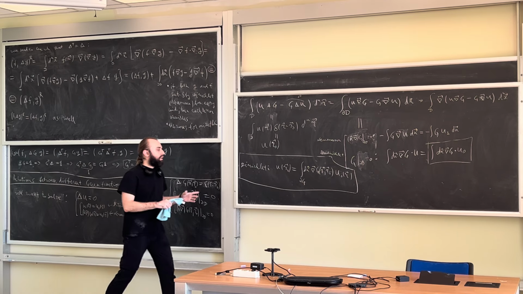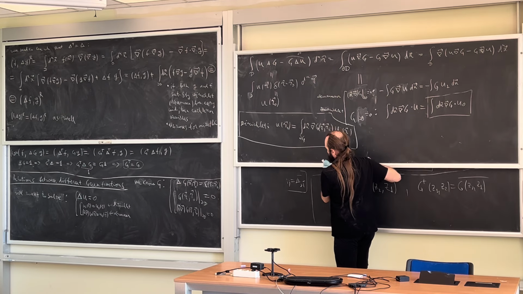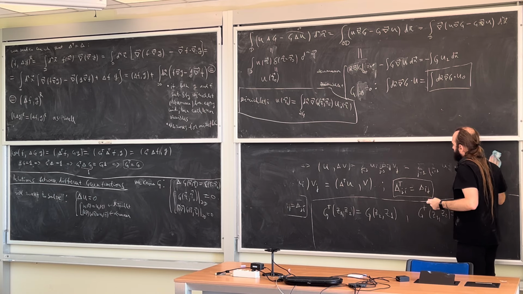If we want to solve a Dirichlet boundary problem, we need to have a corresponding gain function for zero boundary conditions.